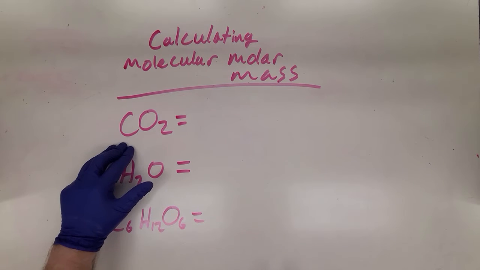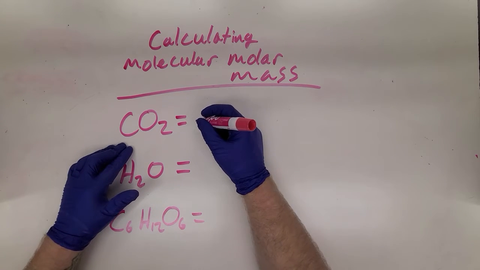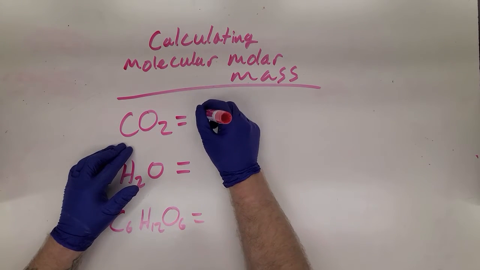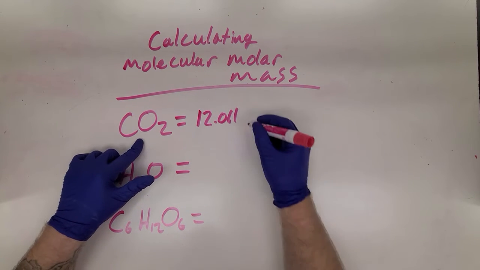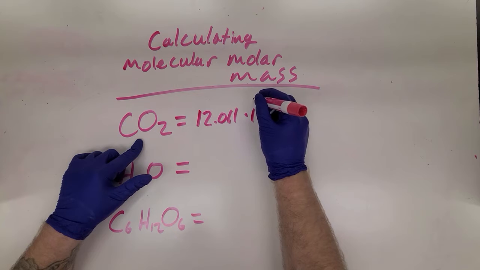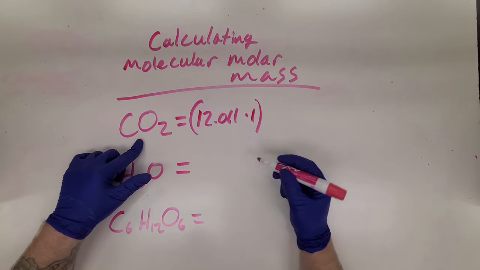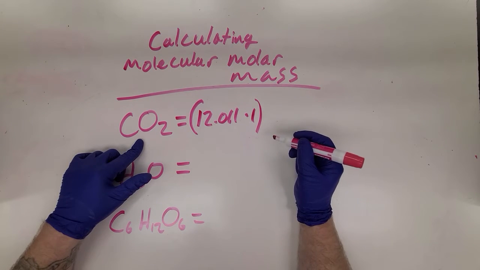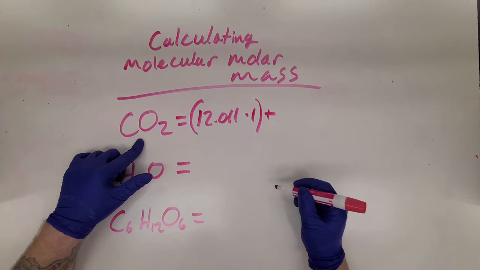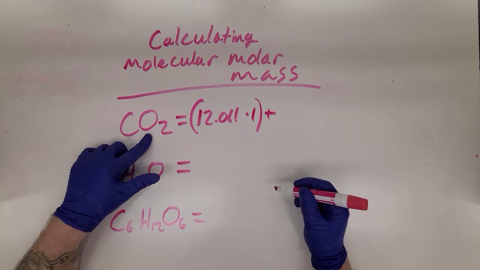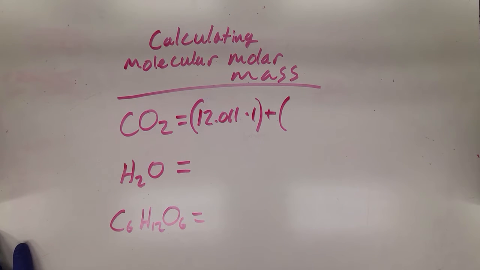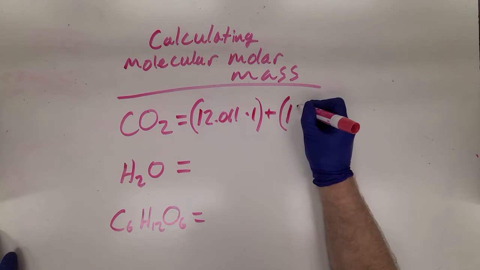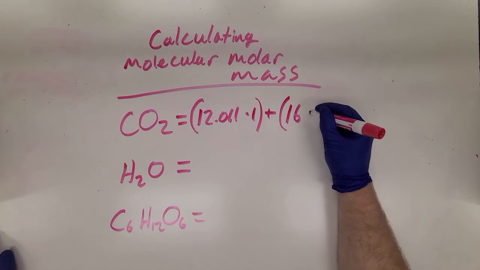We'll take a look at carbon. Carbon has an atomic mass of 12.011, and there's only one carbon in it. Just to show what we are doing, we're going to multiply that by 1. Then we're going to take a look at oxygen. It has an atomic mass of 15.999. I'm just going to write 16 to save some space on my whiteboard here.